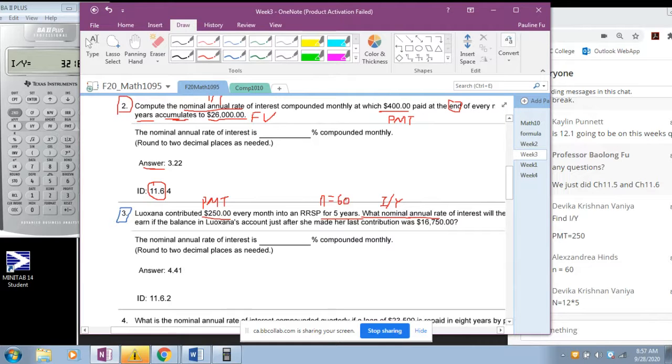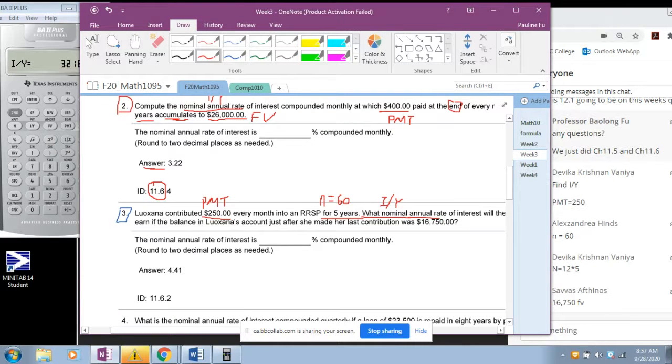David, thank you for explaining. 12 times 5, so N equal to 60. What else? Anyone? Great job.